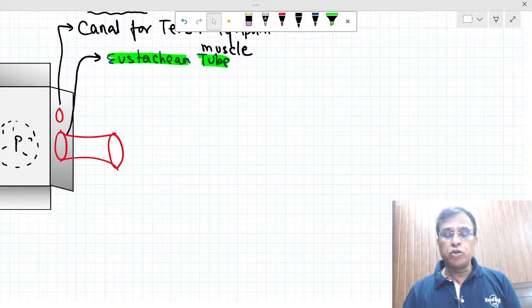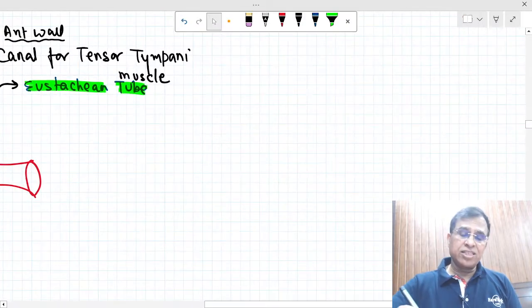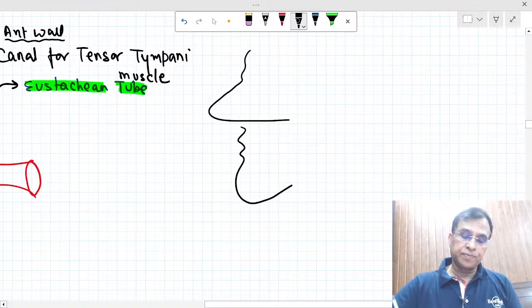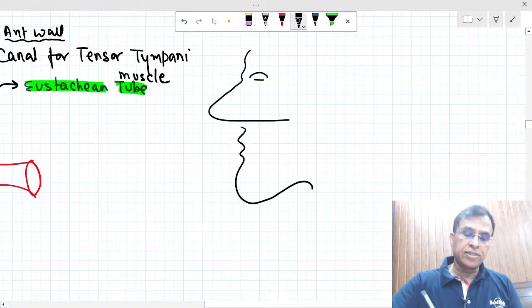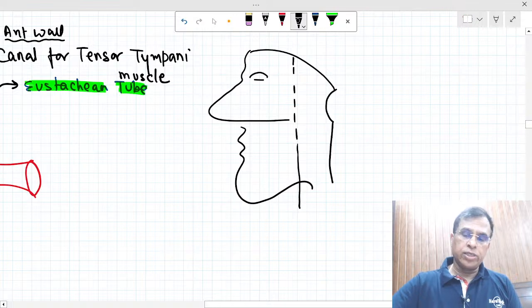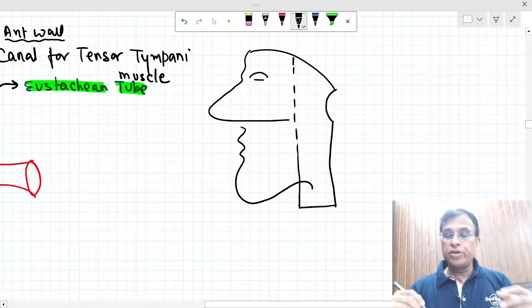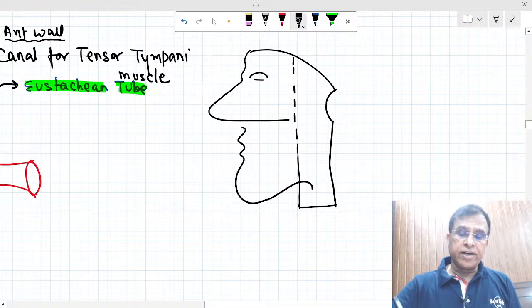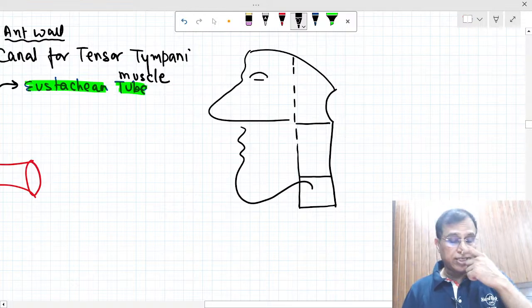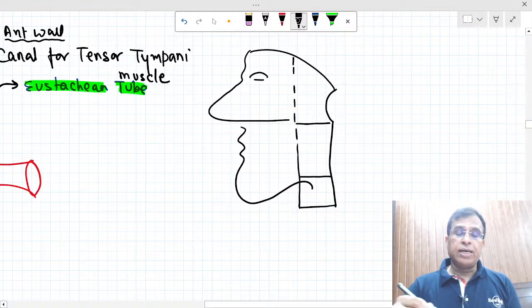Pharynx we'll discuss day after tomorrow, but when I discuss the pharynx, I'll draw it like this. Okay, this is, let's say, the pharynx, and this entire posterior column that I am drawing now is the pharynx actually. And because it's a big pharynx, it is divided into three parts like this. All this we'll discuss in detail day after tomorrow on Saturday. So don't worry, I'm just telling you.